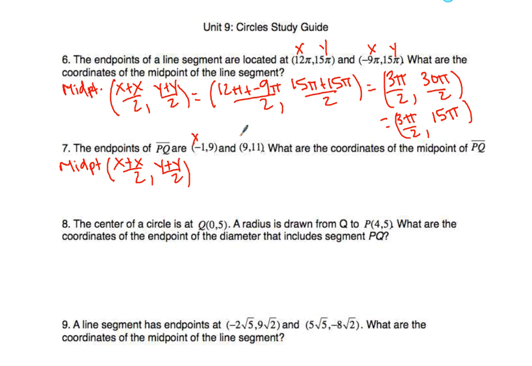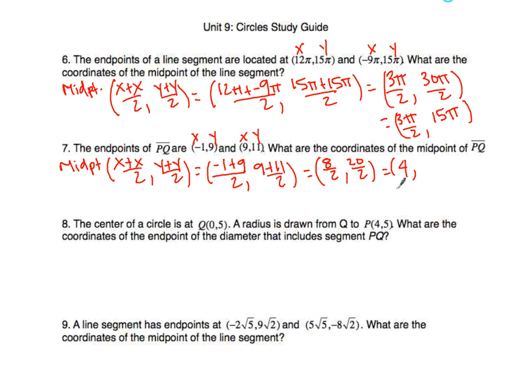Negative 1 would be an x and 9 would be an x. 9 would be a y and 11 would be a y. So it would be (negative 1 plus 9) over 2, and then (9 plus 11) over 2. Negative 1 plus 9 would be 8 over 2, and 9 plus 11 would be 20 over 2, and both of those would reduce to end up giving you (4, 10).